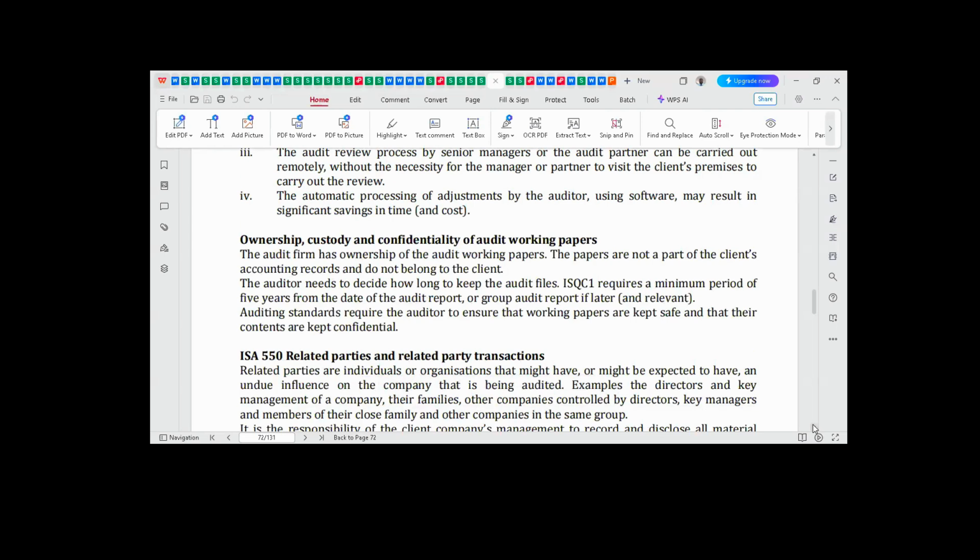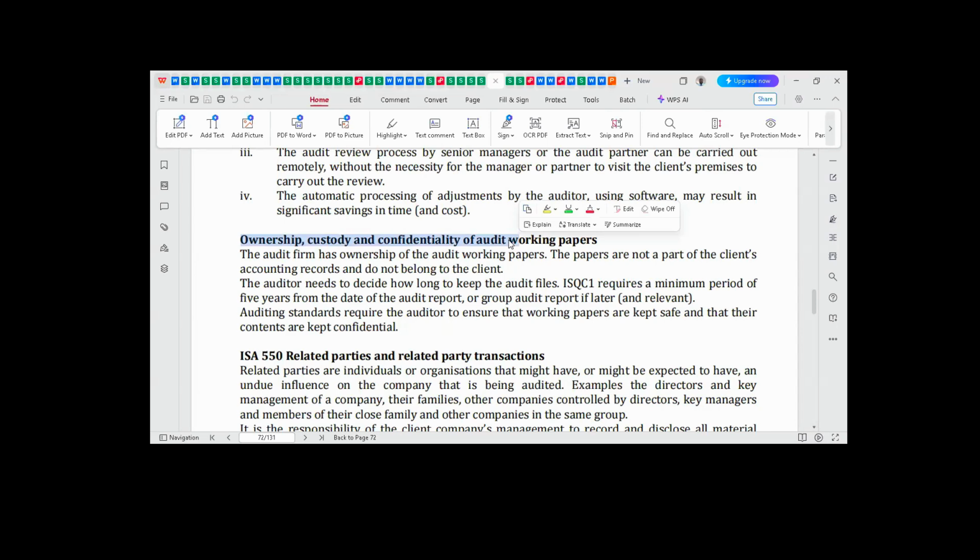Let's move on. The next one we need to look at is ownership, custody, and confidentiality of audit working papers. So what this one is asking is this: who owns the audit working papers? The audit working paper is exclusive to the audit firm.